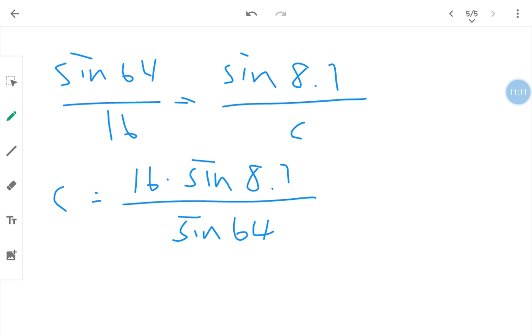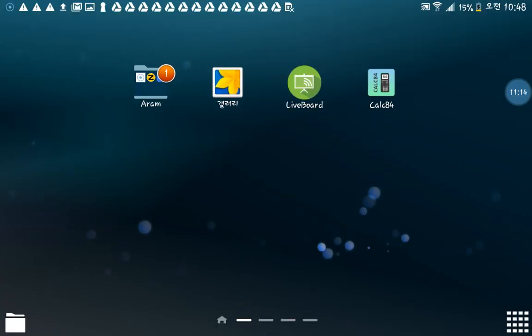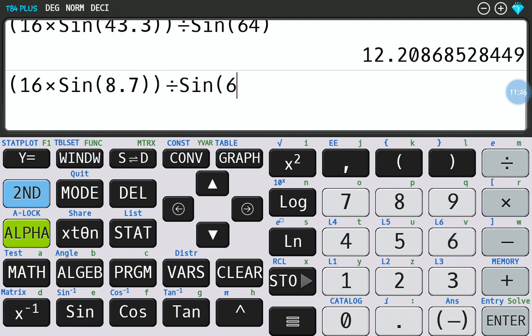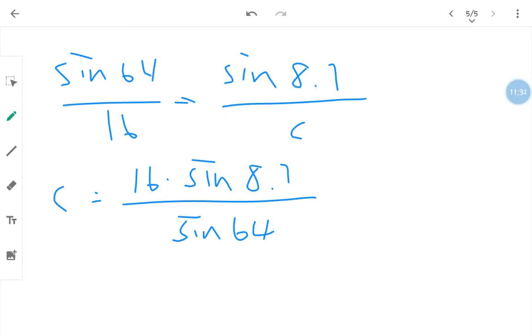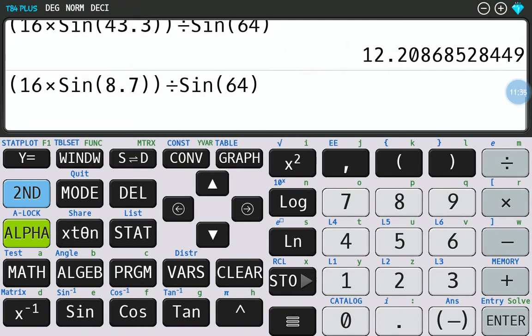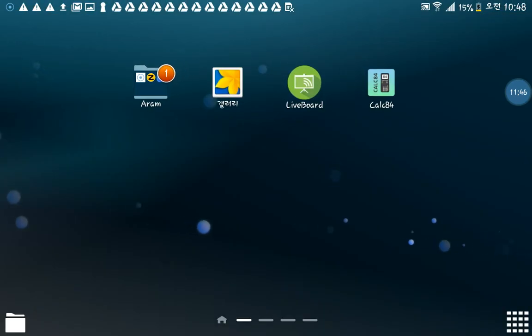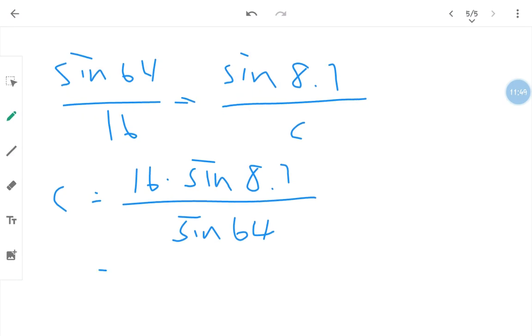So 16 times sine 8.7 divided by sine 64, right? Let me double check. Yes. It will give you 2.69. You need to round to the nearest tenth, so that would be 2.7. My C would be 2.7 this time.